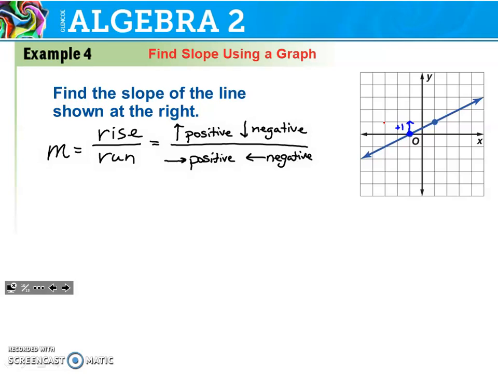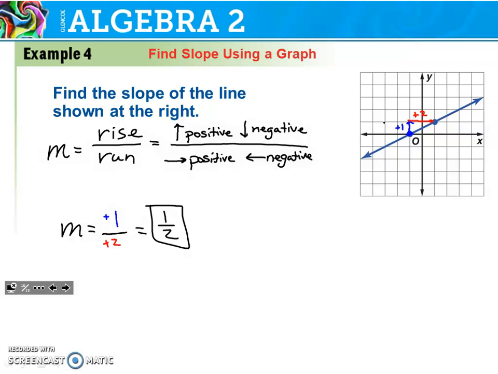My next move then would be to go to the right. And I went to the right 2. So that was a positive 2. So for this situation, my rise was a positive 1. And my run was a positive 2. So therefore the slope of this line is 1/2.